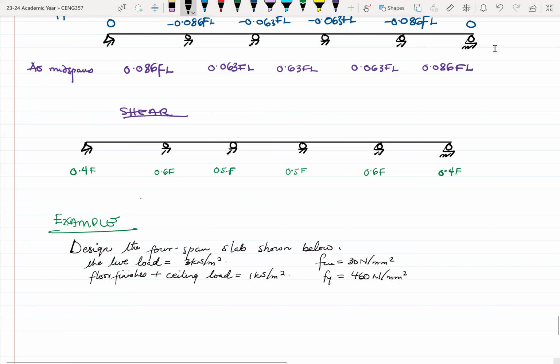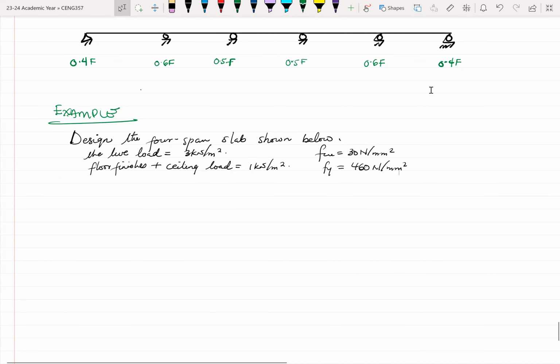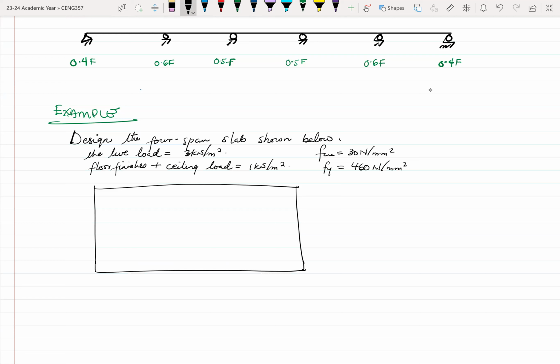So I'm going to draw a plan and also an elevation of how this whole thing should look. In plan, this is what we have. This is your beam.